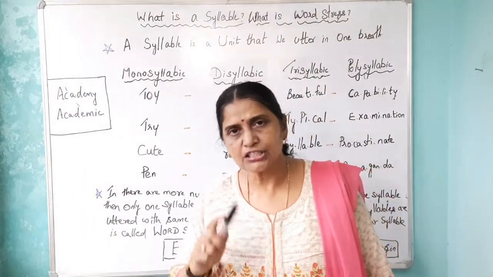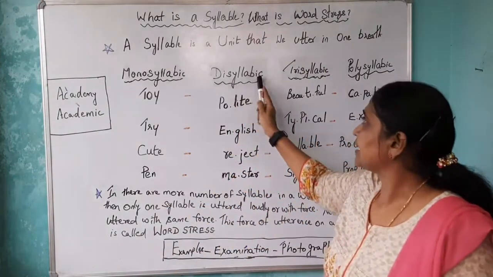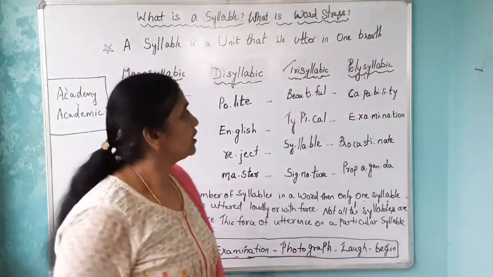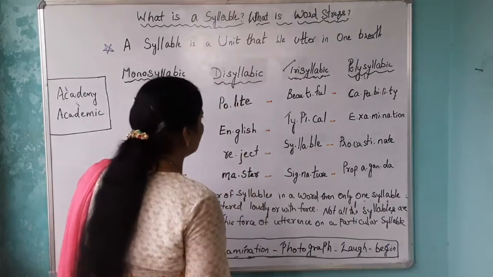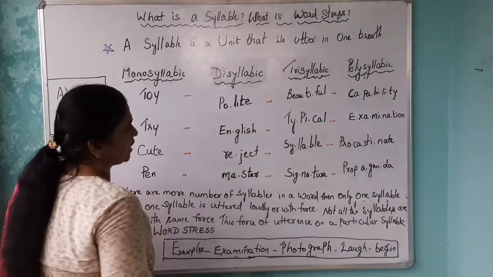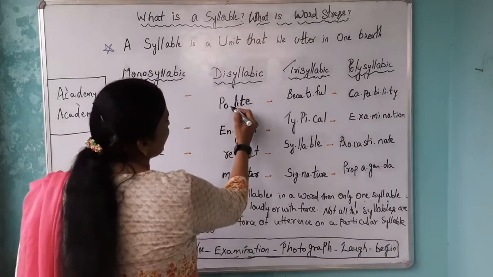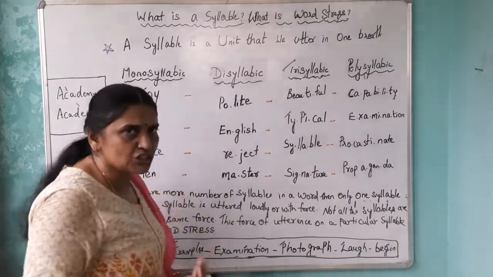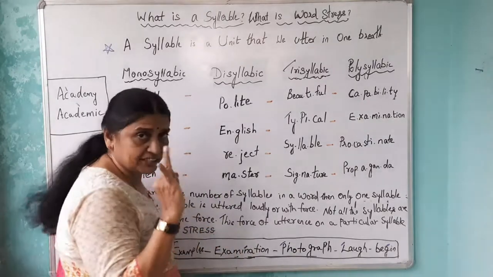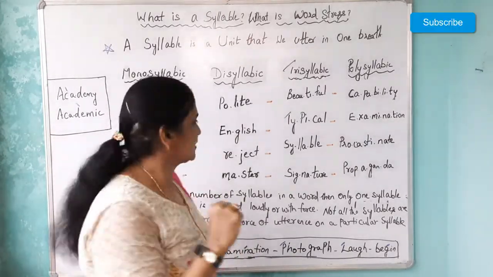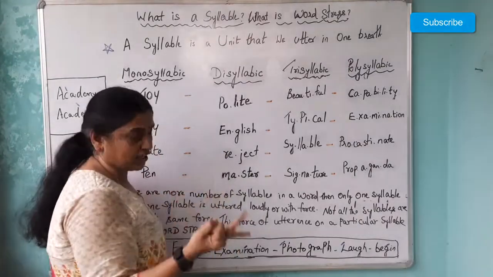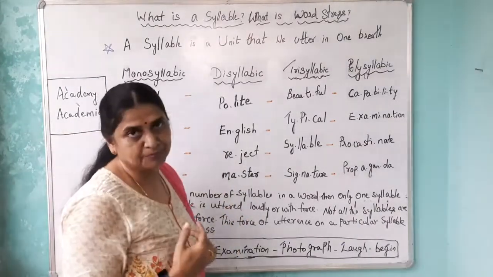Okay. Next you take disyllabic. What is di? You understand the word di too. So it is two-syllable words. Now you see polite, and this dot indicates the place where you take a breath. Okay. Po, one. Lite, two. Polite. Next, English, reject, master.